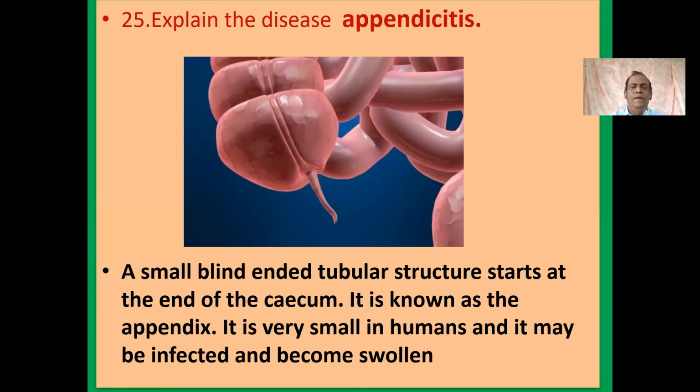This structure is known as the appendix. It is very small in humans and inactive, but it may be infected and become swollen because of some infection. That disease is called appendicitis. By a small surgery, we can remove it.